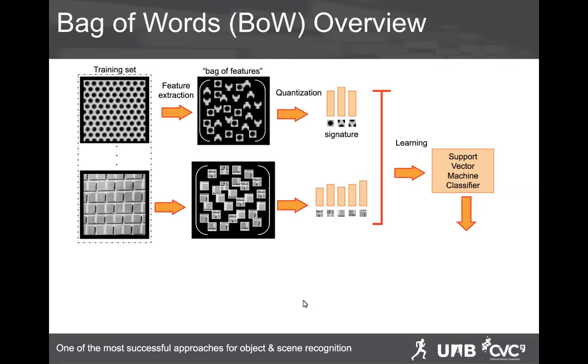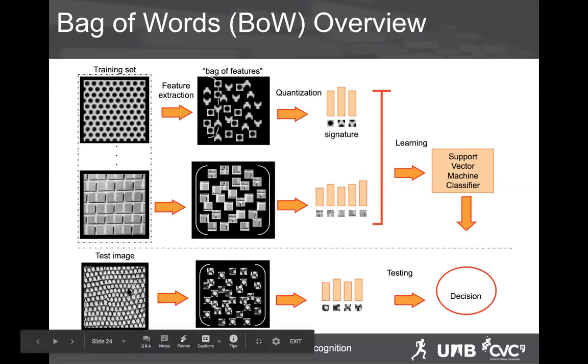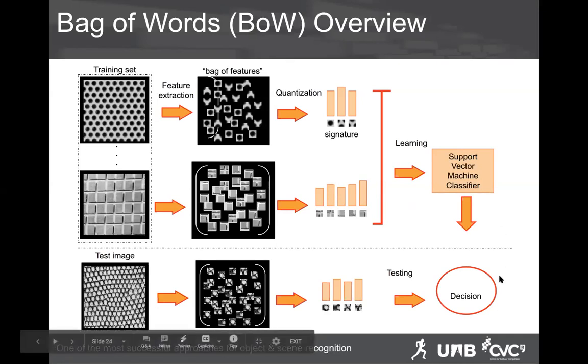Then we give this new description of each image to statistical methods such as the support vector machine, so it can learn a lot of this diversity, a lot of differences between the images, a lot of difference in the colors between the images, and it builds a statistical model. So when we have a new test image of a new human, we represent it the same way, which is a histogram of the features that we collected from the bag of words, and then we pass it to our model.